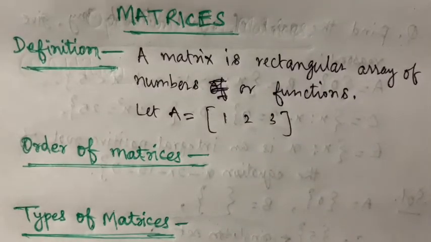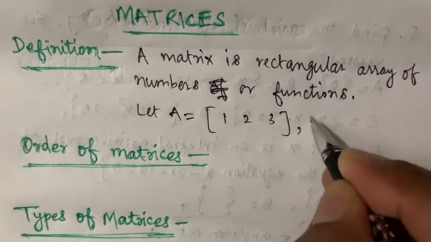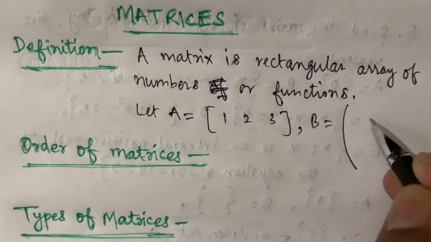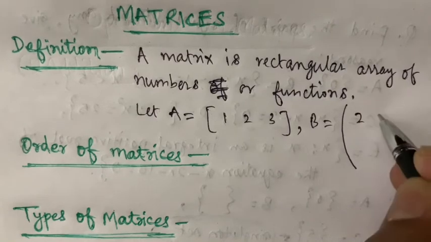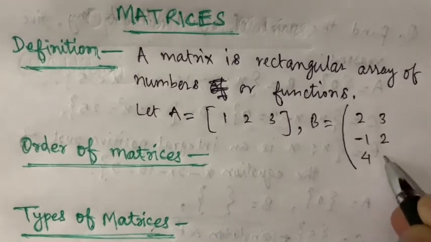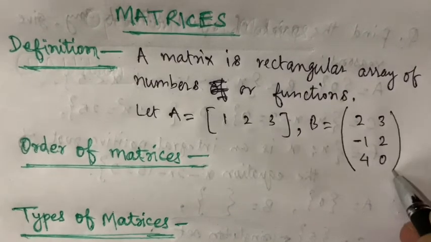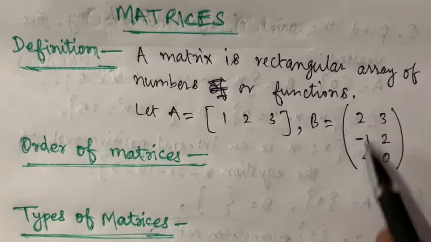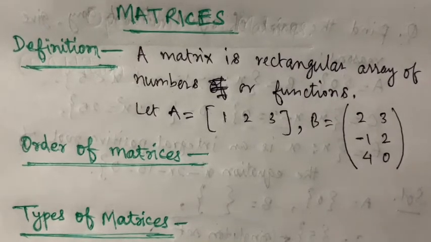It is a matrix. Again, if we write B, we can use this bracket as well to represent a matrix: -1, 2, 4, 0 and this one. If you see numbers or some variables written in this kind of bracket, then that will also represent a matrix.